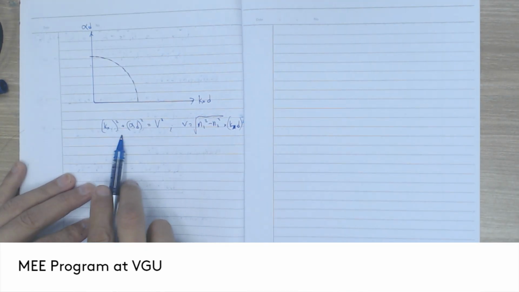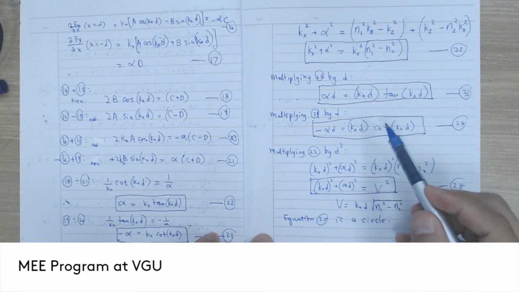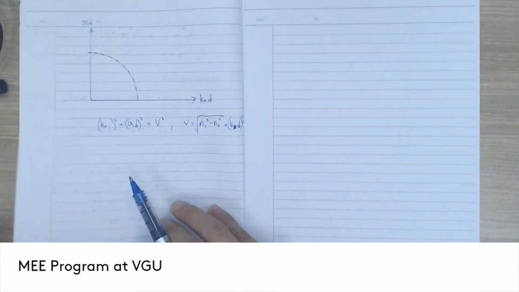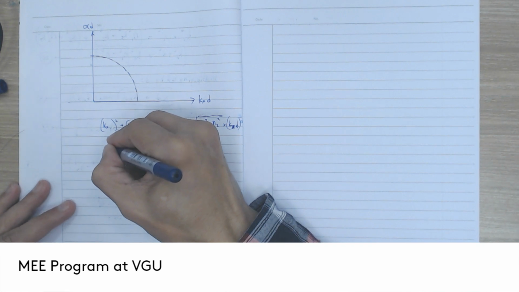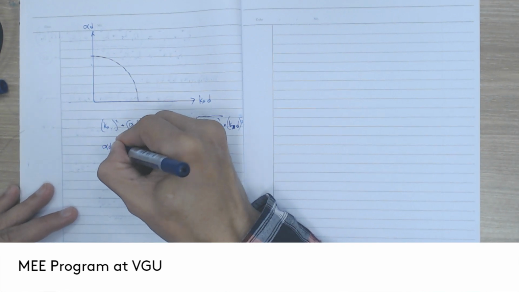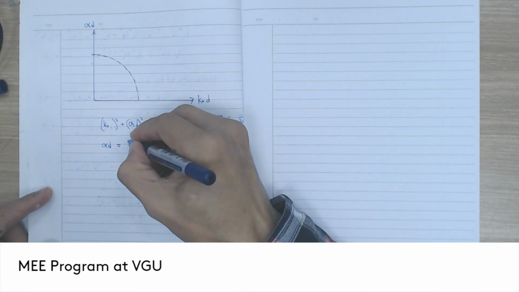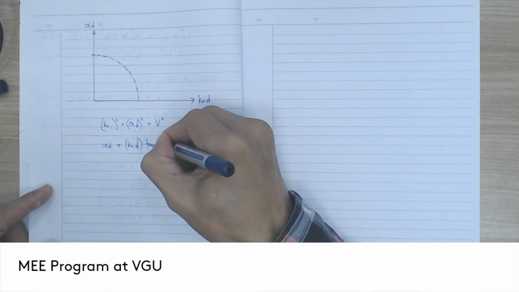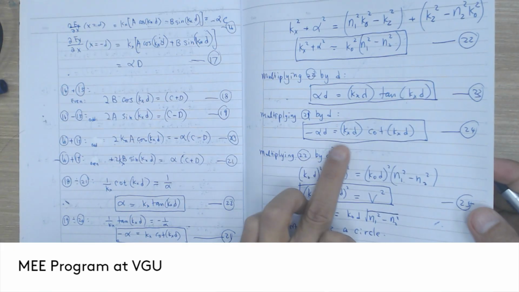And this represents this equation. So now how about the tangent? The other equation is alpha d is equal to kx d tangent kx d. And I'm going to rewrite this one here.